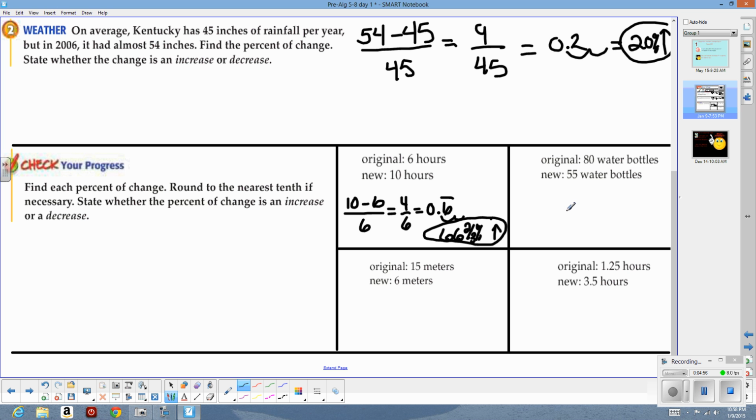Next we have 80 water bottles was the start, and we ended with 55 water bottles. So the amount of change is going to be 80 minus 55, over the original amount, which was 80. 80 minus 55 is 25.